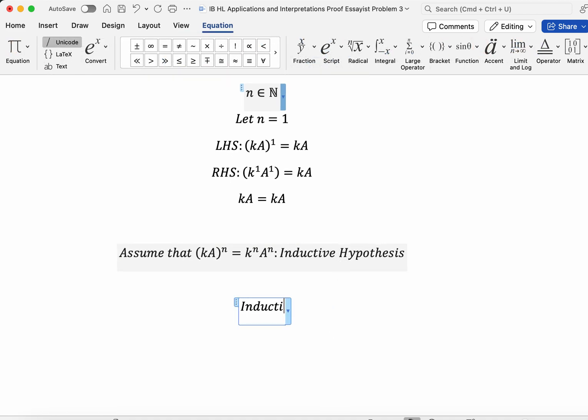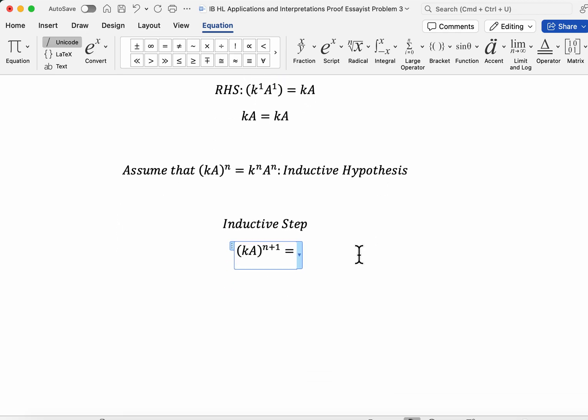Now inductive step time. So Ka to the n plus 1. Now using exponent rules, essentially, you have n multiples of the matrix Ka being multiplied with an additional 1 matrix Ka. So this can be split up into Ka to the n times Ka.